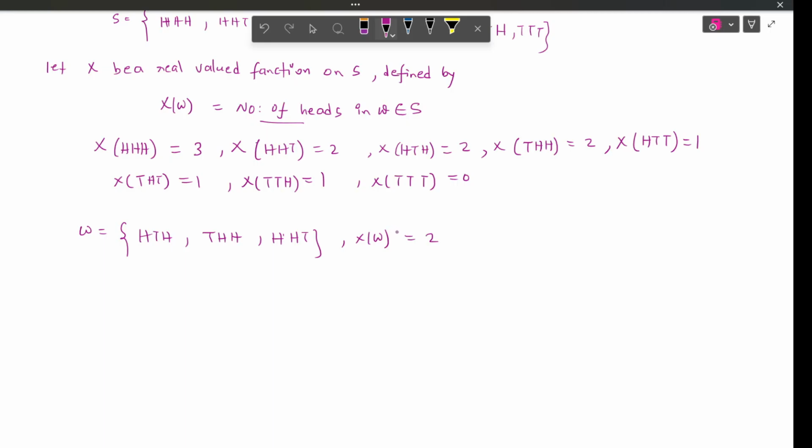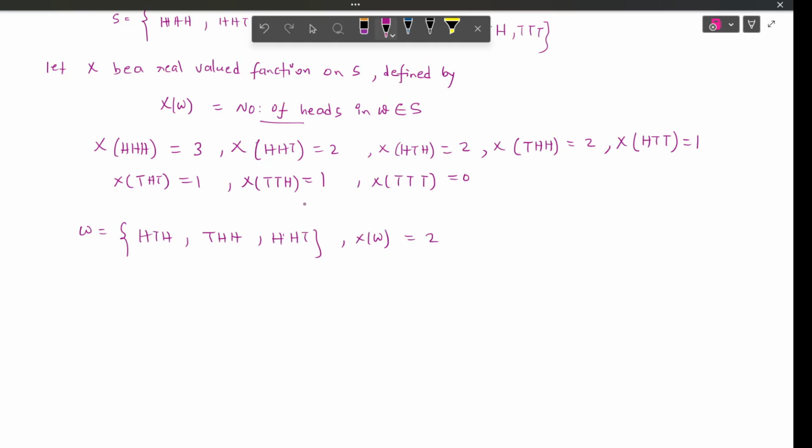Similarly, X associates every other compound event to a unique real number. So, for the random variable X, we have range 0, 1, 2, and 3.